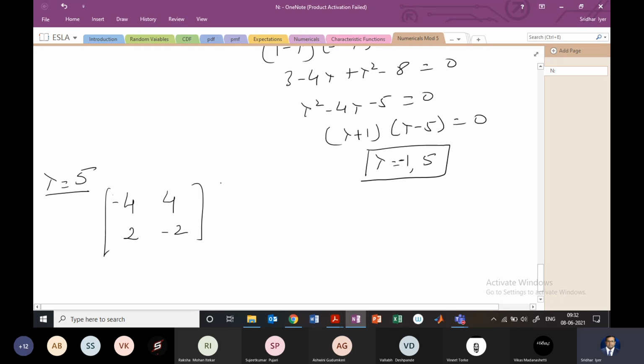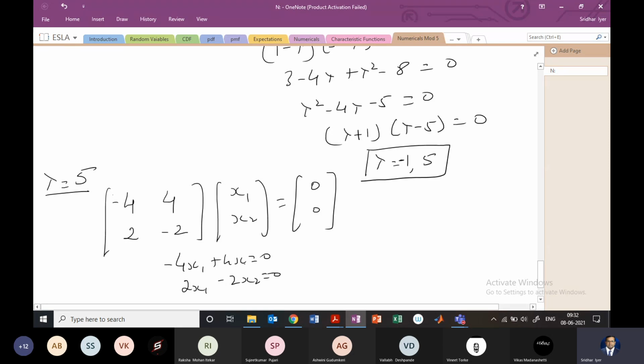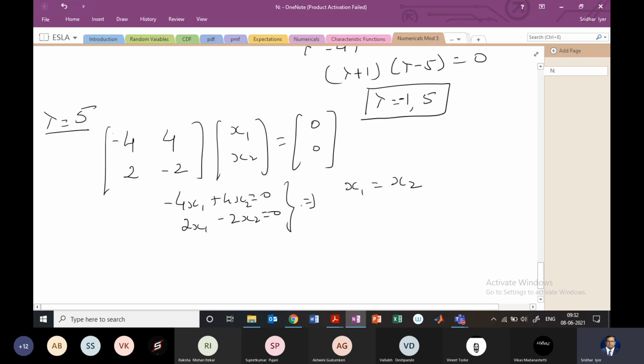So this is A minus lambda I into x1 and x2, and this should be equal to 0, 0. So we get negative 4x1 plus 4x2 equal to 0, or 2x1 minus 2x2 equal to 0. From these equations, we get x1 equal to x2. Okay. Therefore, the first eigenvector, which will have x1 and x2, will just be 1 and 1.